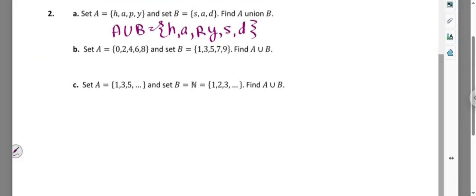So for B, we have all single digit numbers from 0 to 9. So you can list all 10 of those out.